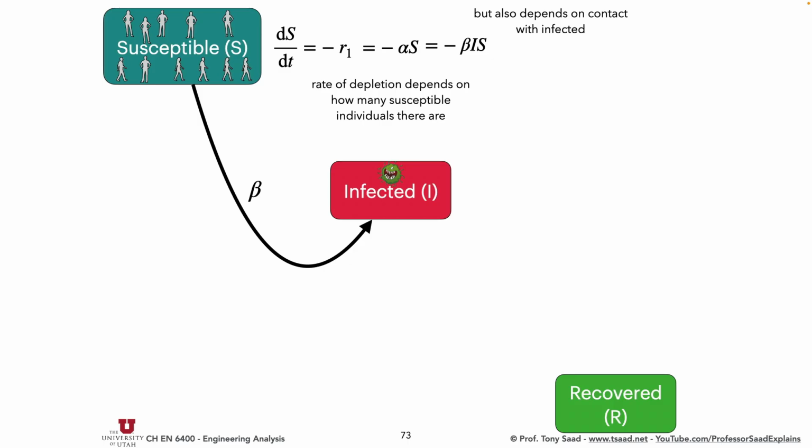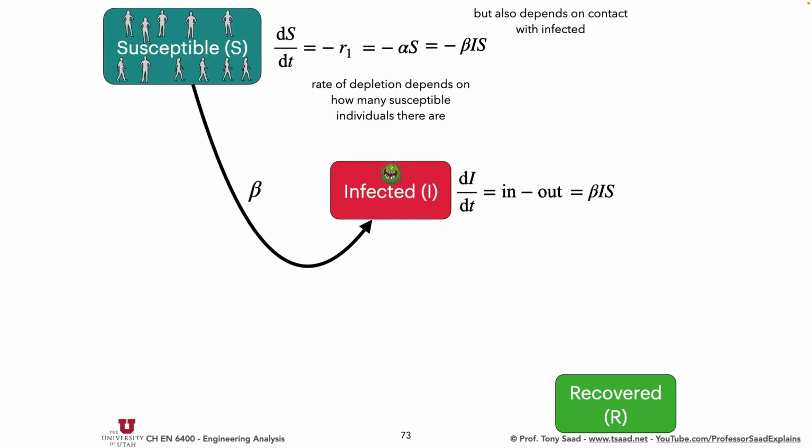Now, I am going to go to infected. There's things coming into infected that's coming from susceptible at this beta coefficient. Remember, I'm taking a beta fraction of this, bringing it into here. And so that's the in, beta IS, because beta IS left the susceptible compartment and entered the infected.